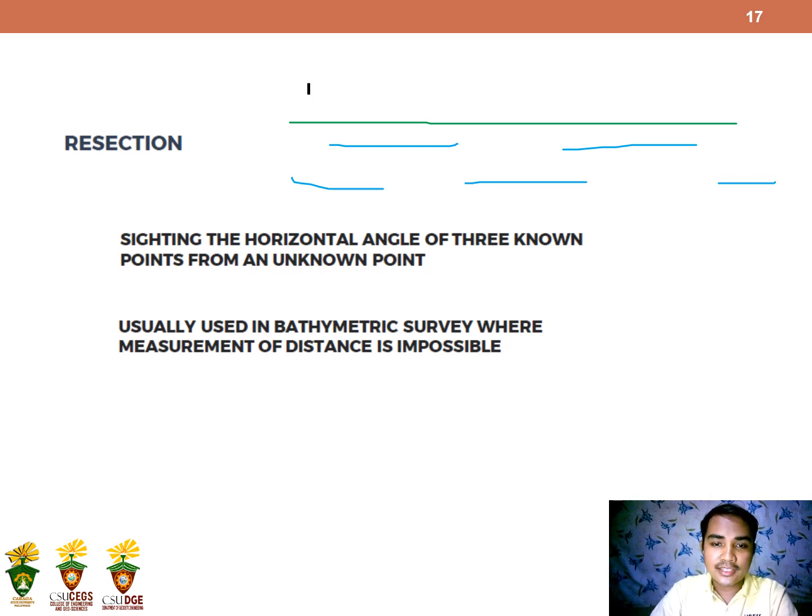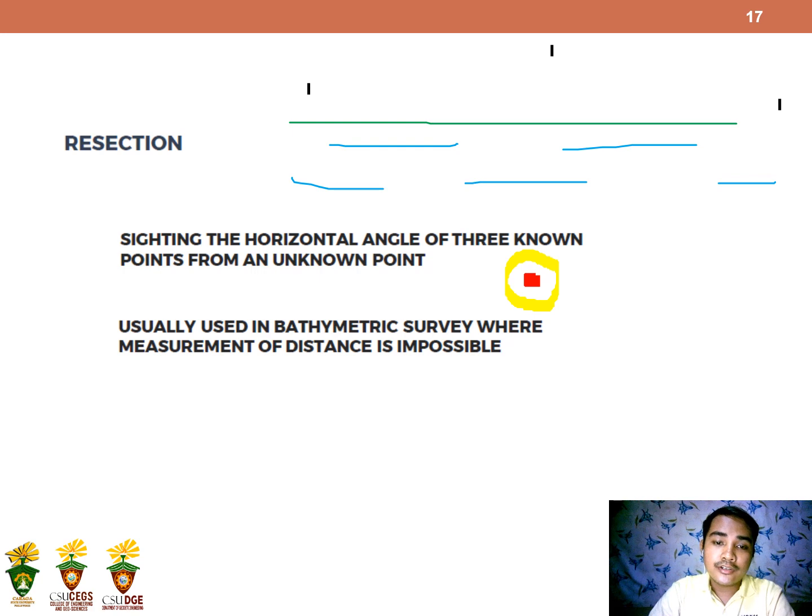Say for instance there are 3 points on land, and you, the hydrographer doing the hydrographic survey, are out at sea, riding a boat, and you need to get the location of the point where you observe.